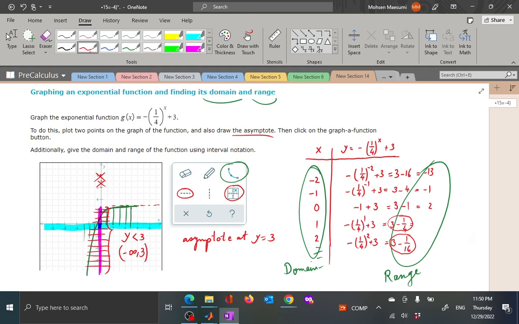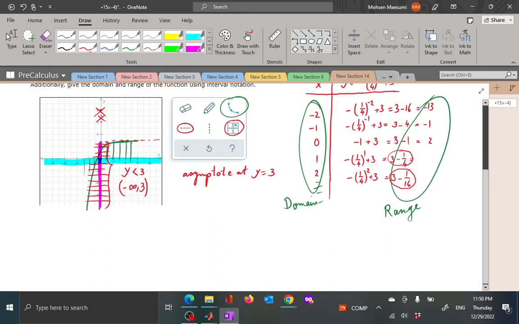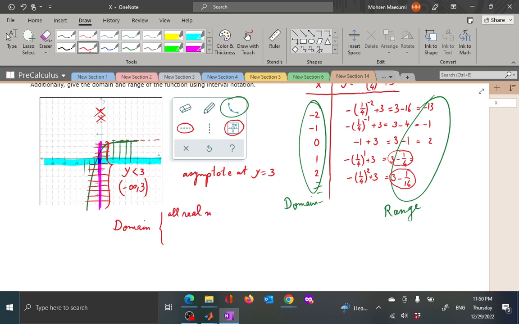So how do we summarize? We say domain. There are several ways of saying this thing. One is all real numbers, or we say from -infinity all the way to infinity, or sometimes they use a funny-looking notation, R. These are all ways of describing the set of all real numbers.